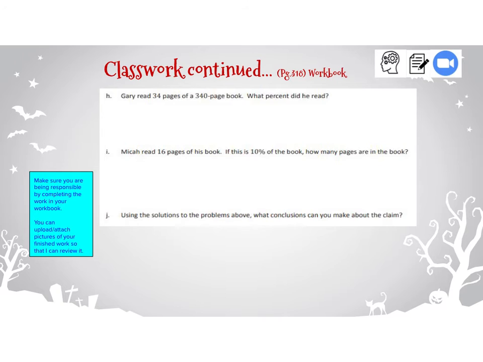So we're continuing. It says Gary read 34 pages of a 340-page book. So 34 is the part, the whole is 340, right? And then I know in each of these cases I can divide by 34, and that would be 1, and in this case, that's going to be 10.